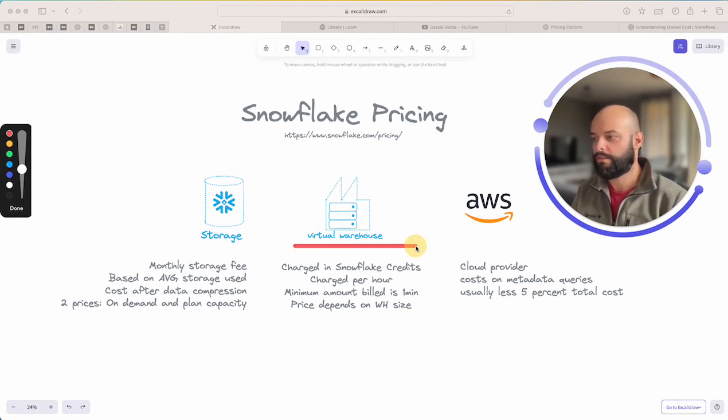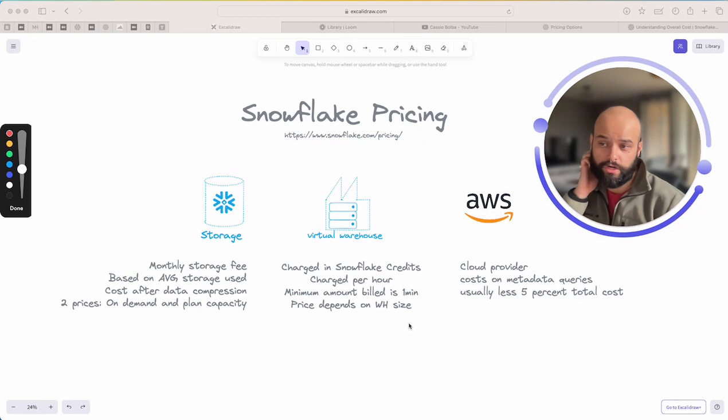And the second most important cost is basically the virtual warehouses, which is not the second, this is the most important cost, because this is the biggest cost you might have, okay? The processing power is charged in Snowflake credits. We're gonna see in this web page here how it is charged.